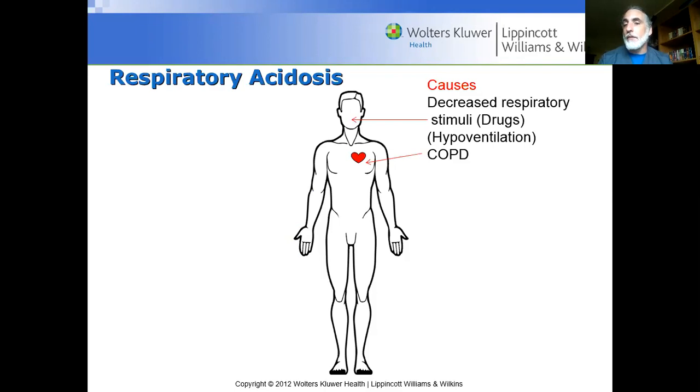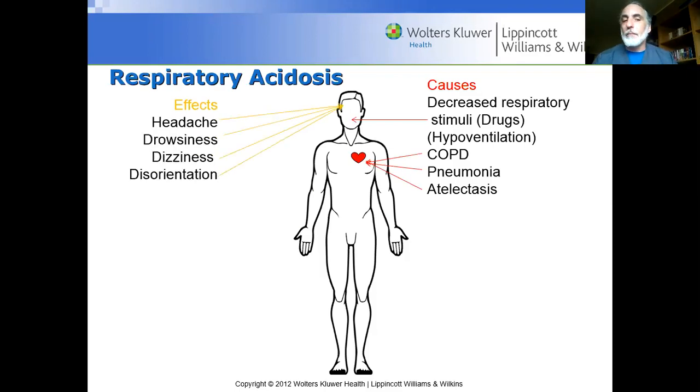If you do a blood gas on a COPD patient, they have a tendency to run at the very low end of normal or just slightly acidic. Pneumonia, again impairing, are we seeing a trend with this? Impairing gas exchange, impairing the exchange of oxygen for CO2. Atelectasis, the collapse of the alveoli, again impairing gas exchange.